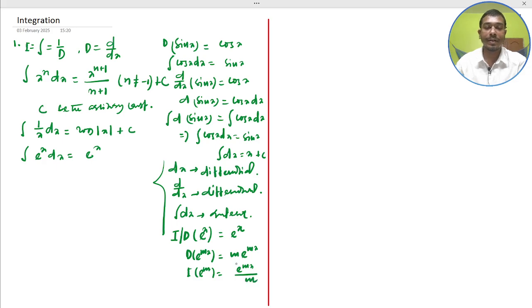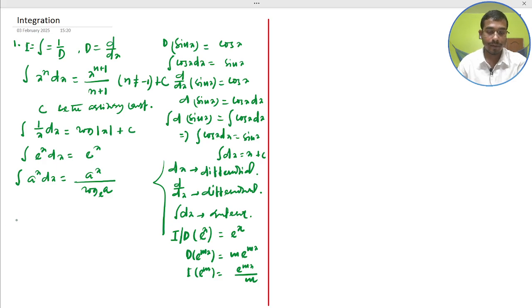Next, integration of a to the power x dx is a to the power x divided by log a base e.